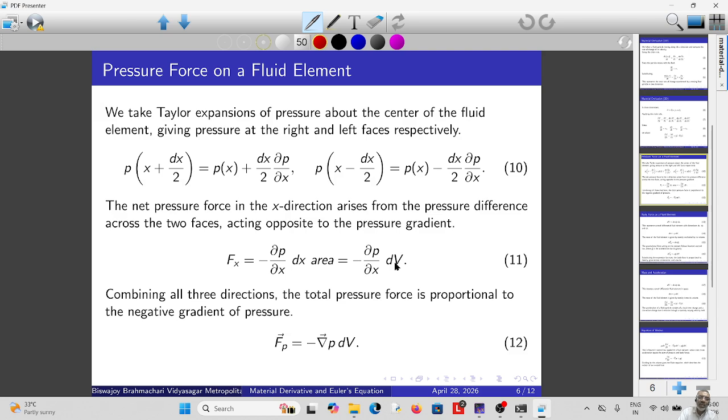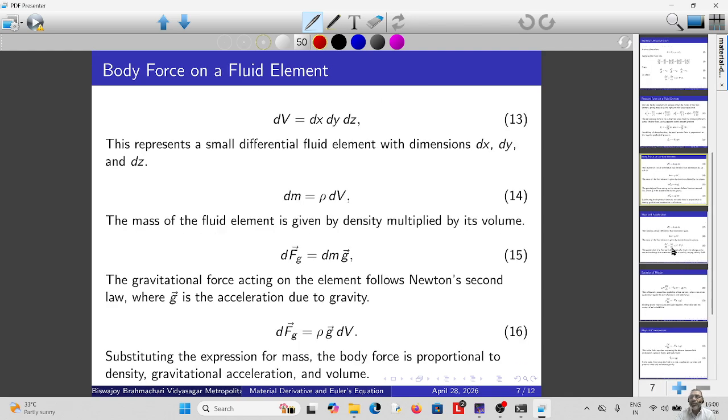So that means if we add them vectorially, then i fx plus j fy plus k fz gives the force vector. It becomes minus gradient of p dV. So this is our pressure force on the fluid element.